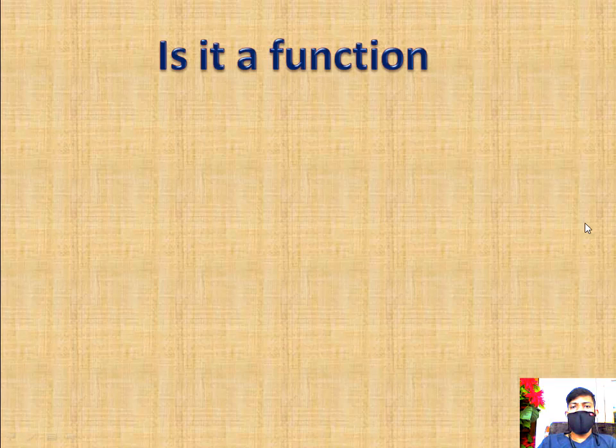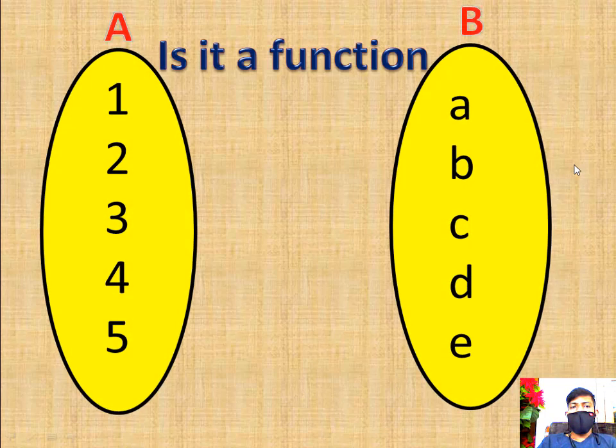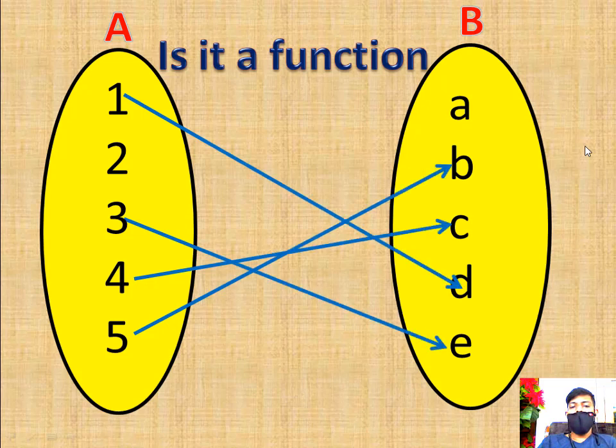Let us check whether the given example is a function or not. The set A has the elements 1, 2, 3, 4, 5 and set B has the elements a, b, c, d, e, and look at the map. 1 maps to d, 3 maps to e, 4 maps to c, 5 maps to b.